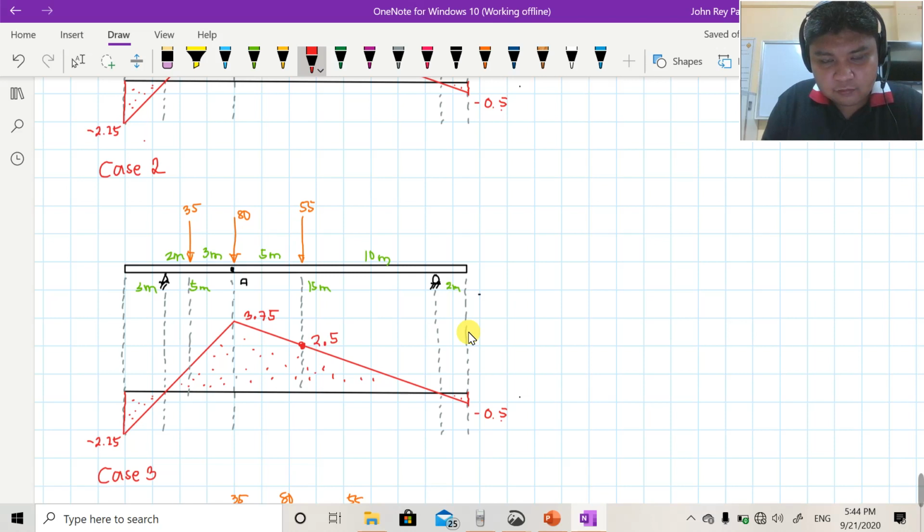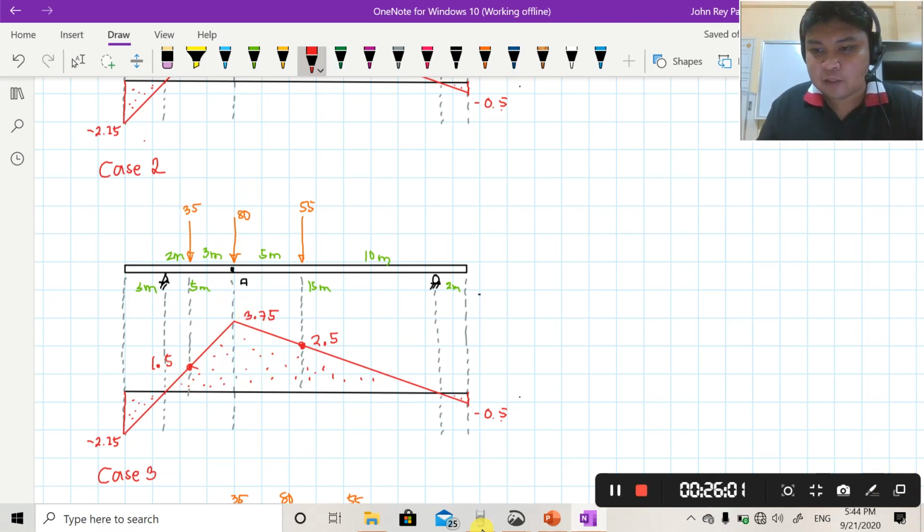Yung nandito naman, I'm referring to this point, kapag ni-ratio and proportion nyo, ang magiging sagot ay 1.5. Tama ba? So, yes, 1.5 siya. Ulitin ko, yung nasa ilalim ng 35, pag nag-ratio and proportion ka, 1.5 to. Yung 80, walang problema. 3.75 siya. And yung 55 is 2.5 nga.